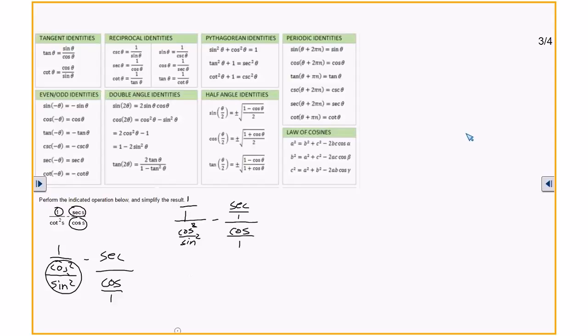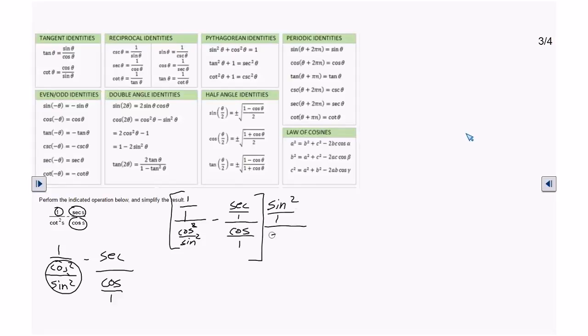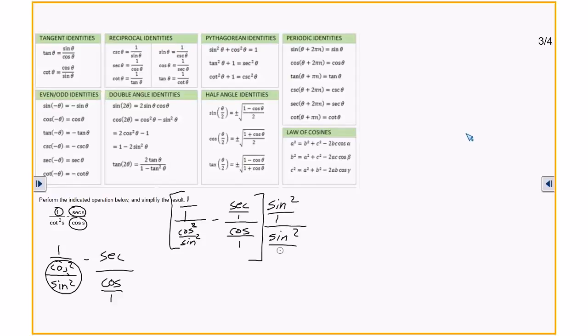Okay, so the common denominator is sine squared. So I can multiply through by sine squared, and I don't think this is going to work. And you're going to find this out when you're doing these. Sometimes they don't work. Sine squared over 1 over sine squared over 1.